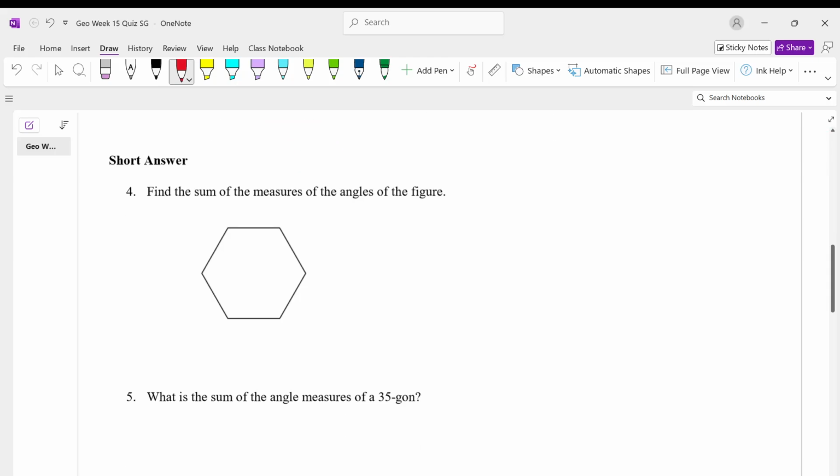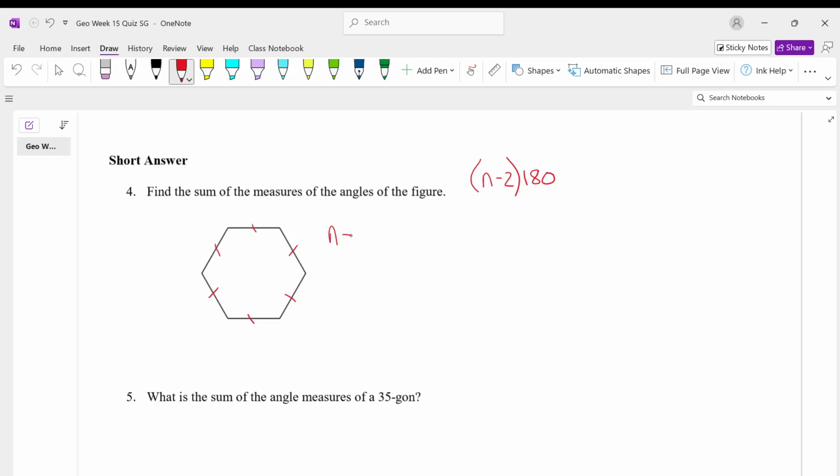All right, problem number 4, short answer. Find the sum of the measures of the angles. That's our formula, n minus 2 times 180, where n represents the number of sides. So we've got a 1, 2, 3, 4, 5, 6-sided shape right here.